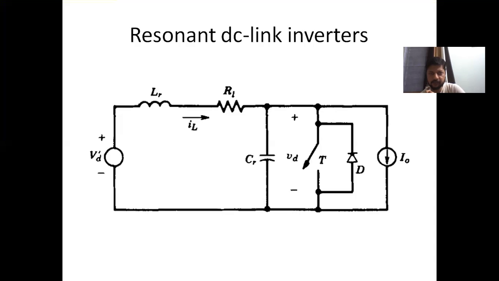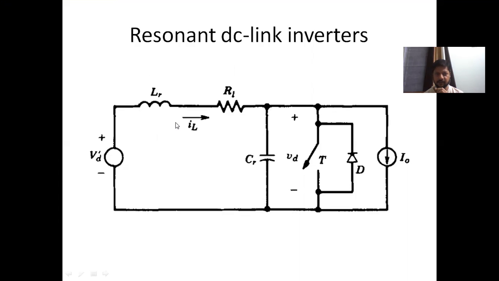In the last class, we saw the resonant switch converters. These are resonant DC link converters or resonant DC link inverters, wherein, as you can see, the supply is still DC, and this I0 represents the load. Between the supply and the load, a resonant circuit has been introduced, which comprises of LR and CR.